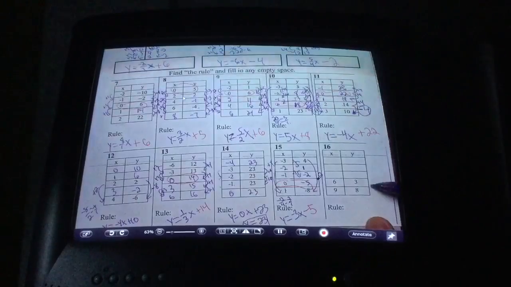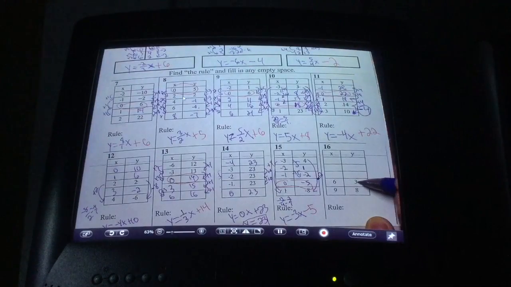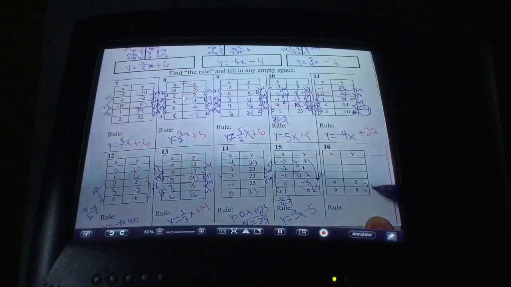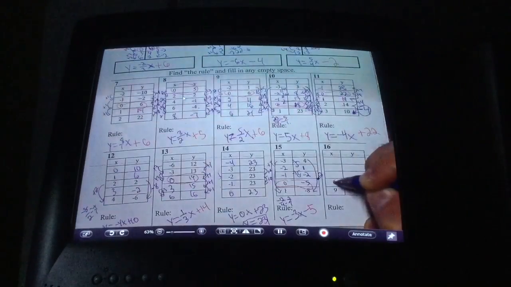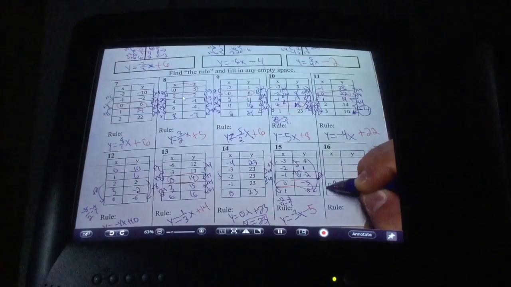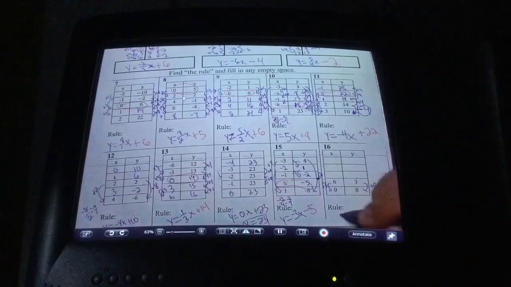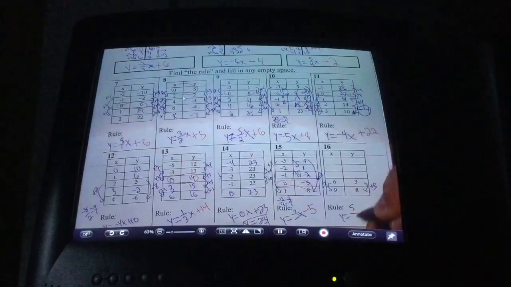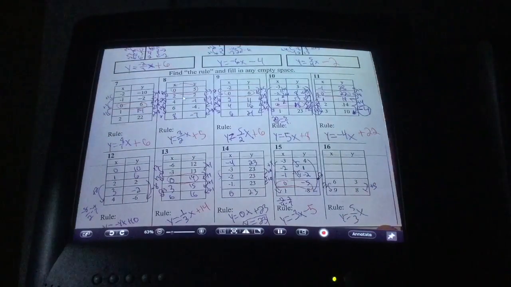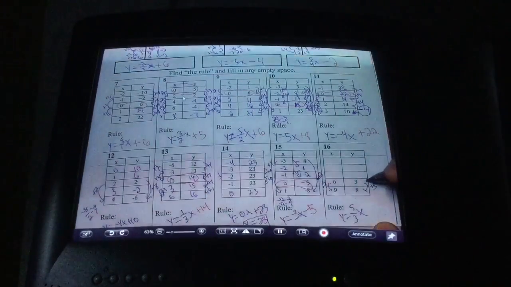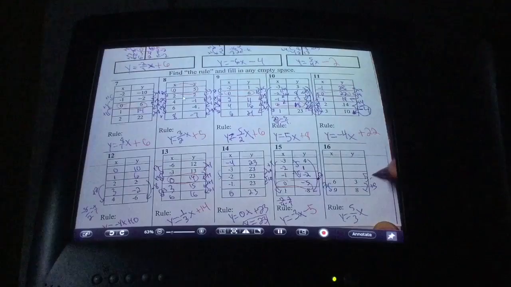So to get from 3 to 8, you add 5. To get from 6 to 9, you're going to add 3. So we know that it's y equals 5 over 3x. But now we have to find the 0. We're going to go backwards now, so we're going to subtract 5 to go backwards.